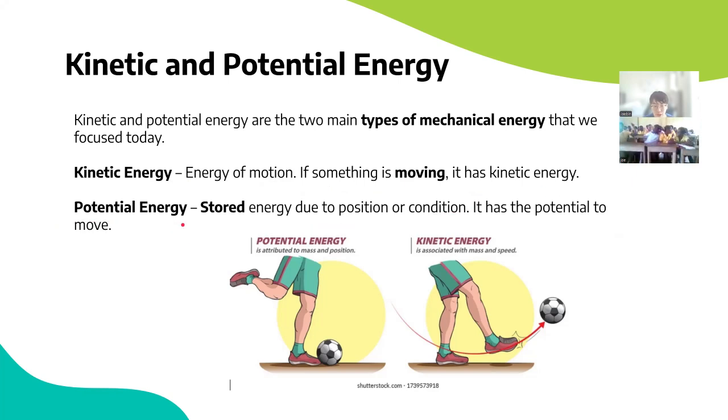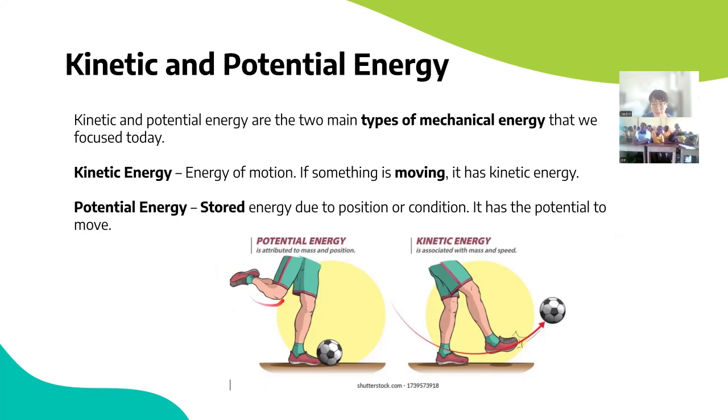Potential energy, however, is stored energy due to position or condition. So we say it has the potential to move. Potential meaning kind of having the ability to do things, but it's not yet ready. For example, you can see the bottom picture. When you lift your leg up to kick the football, you're storing potential energy because your foot is off the ground.